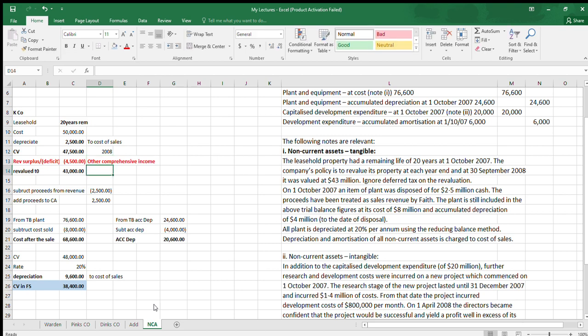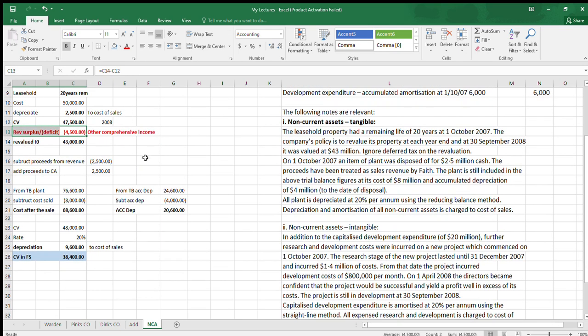So if it is a deficit, it will become a negative figure under the other comprehensive income. If it is a positive figure, it becomes a plus to the other comprehensive income. That's the only place that revaluation will go. It will always go to the other comprehensive income, and from there it will go to the statement of changes in equity. I will do a lecture on how to prepare the statement of changes in equity.